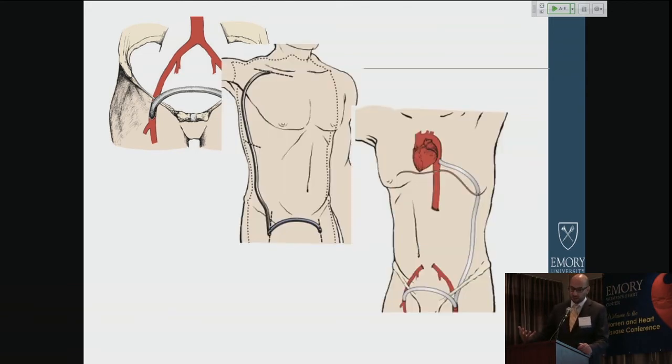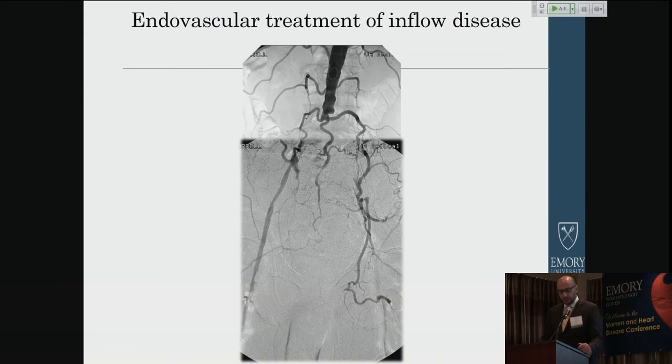So all of these are options for iliac artery disease. Iliac artery disease can also be treated with endovascular strategies. This is a patient with bilateral iliac artery occlusions. As you can see, you can see the aorta at the top, and then occlusions as pointed by those arrows.